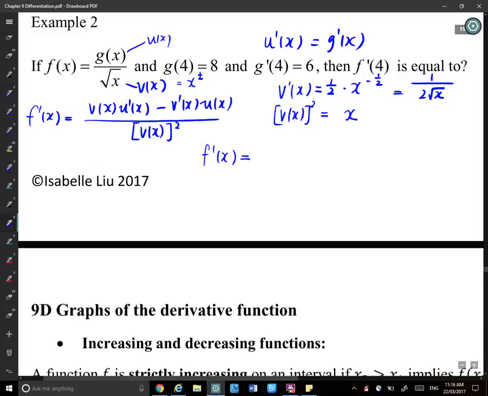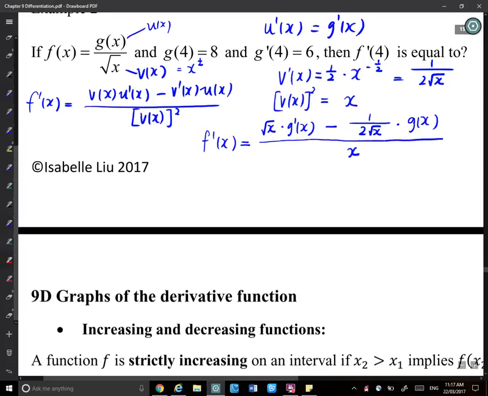F dash x equals vx, which is square root x, times u dash x, which is g dash x, subtract v dash x, which is 1 over 2 root x, times ux. What is ux? Ux is gx, over x.